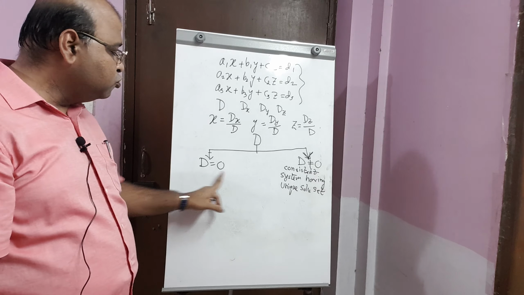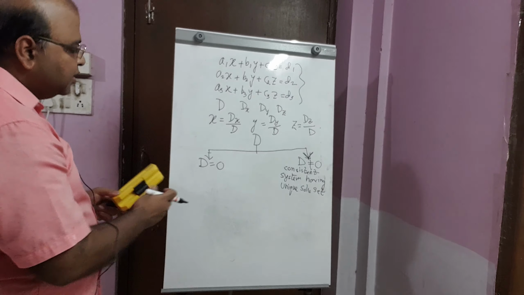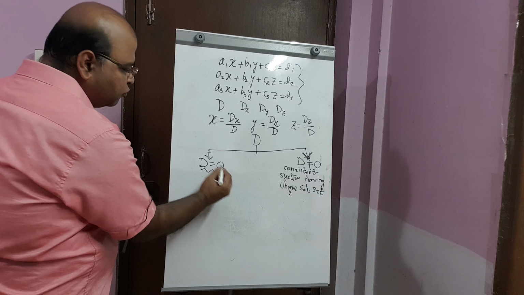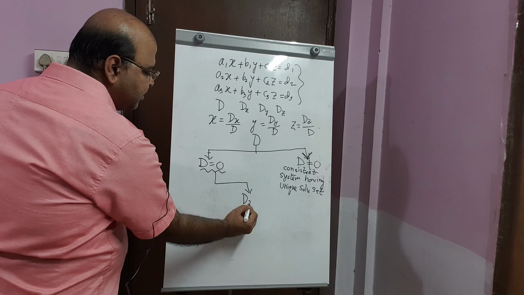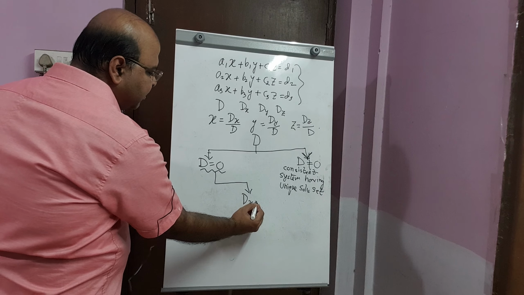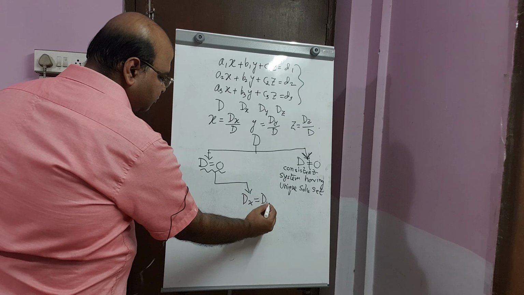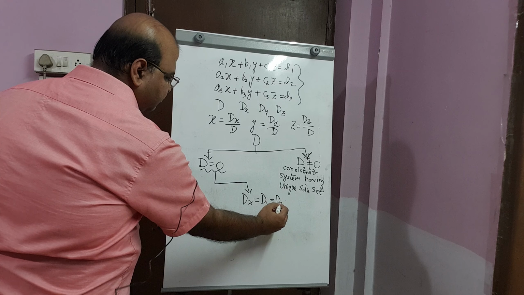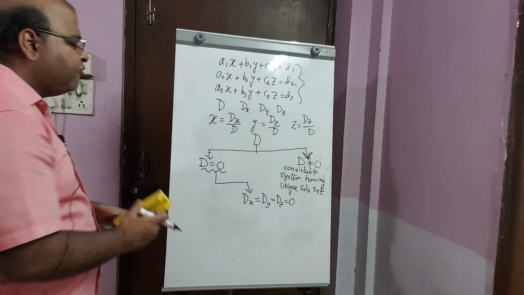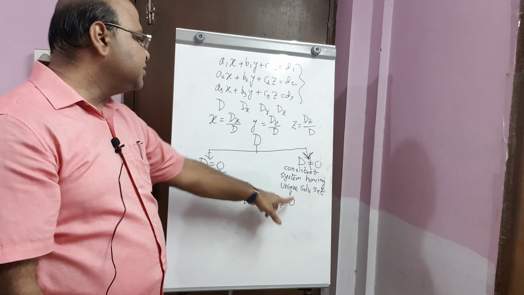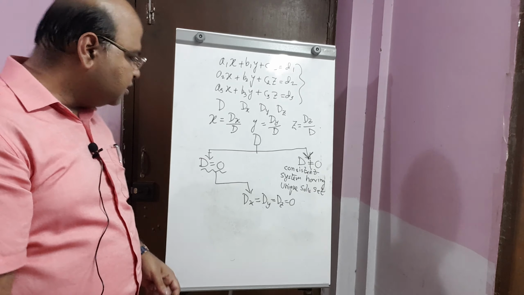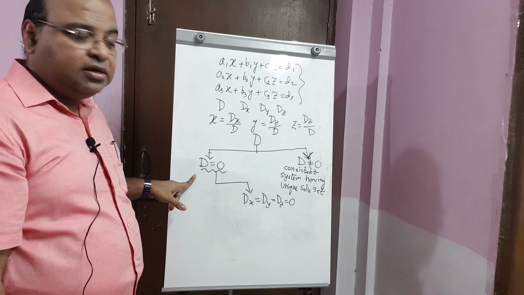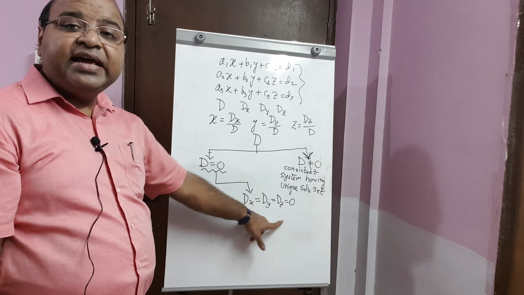If, apart from D equal to 0, all the other three determinants Dx, Dy and Dz also become 0, that is, if all four determinants become 0 simultaneously, then the system should be consistent, but it shall have an infinite number of solutions.